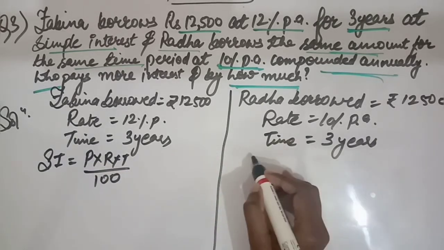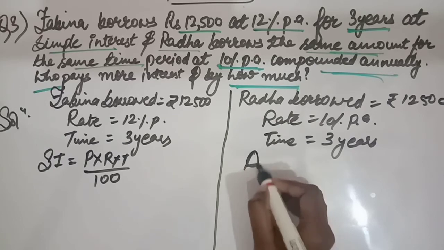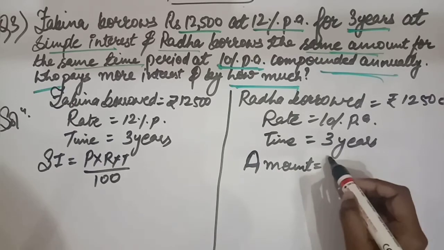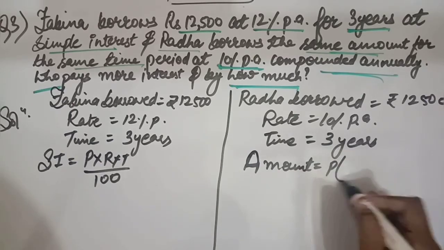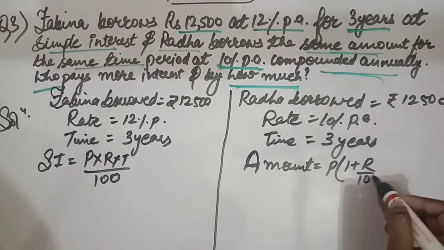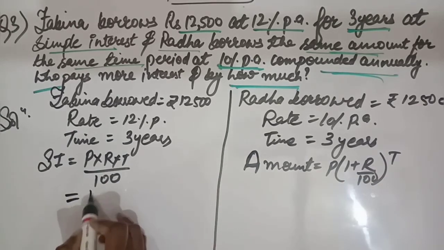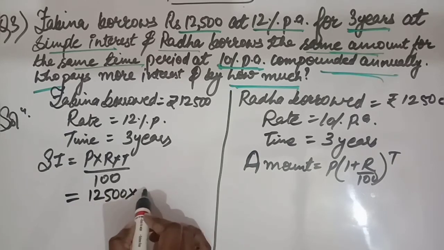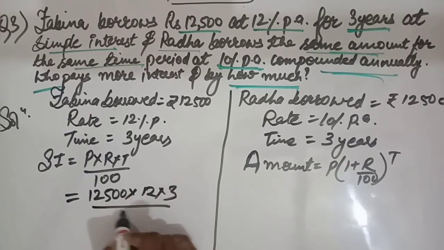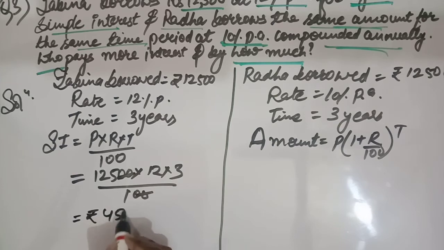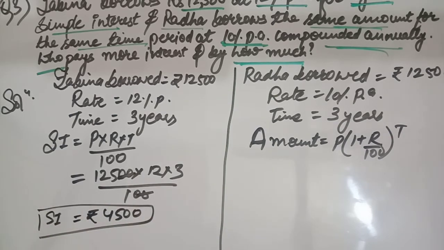And Radha had borrowed it at compound interest. There we will find out compound interest. Amount is equal to P(1 + R/100) to the power T. Right? Now, simple interest here will come out to be rupees 4,500. Here SI, the interest Fabina paid, is rupees 4,500.